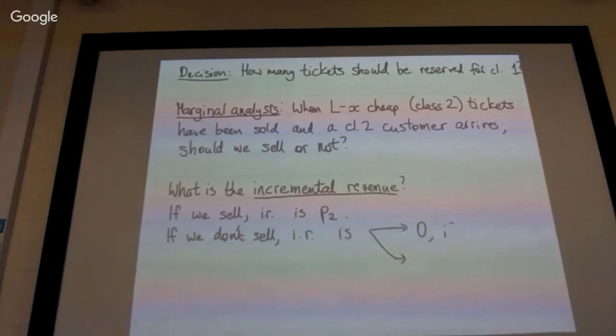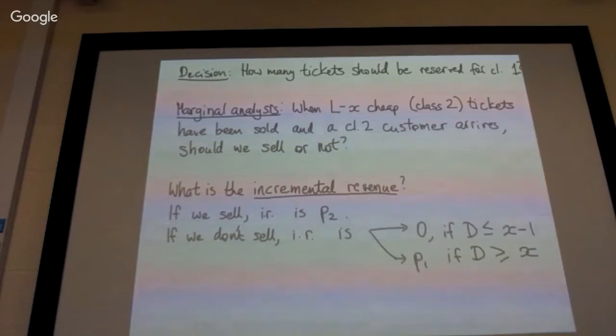So if the demand, the random variable, turns out to be no more than X minus 1, then this seat number X is not going to get sold, and we won't earn anything from it. But we will earn the first price if the demand, the random variable, is at least X.